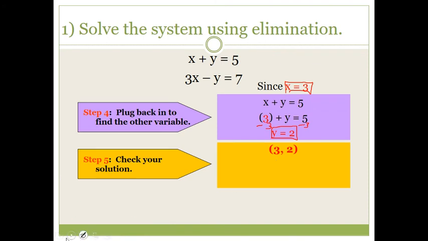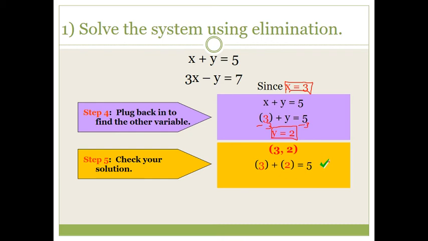And I want to check to make sure that I didn't make an error. All right, so what I do is I'm going to plug the solution back into both of my original equations. So in this top equation here, I replace the x with 3, and I replace the y with the 2. And so we had 3 plus 2 is equal to 5. And indeed, 3 plus 2 is 5, so that one checks.